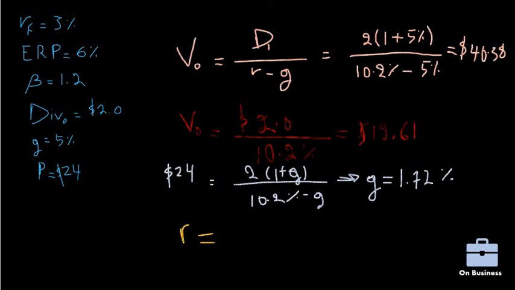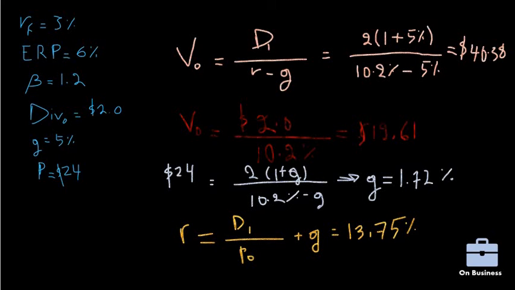Okay, so after getting the implied G, one last way to use this given and this model is arranging it to get a required rate of return, and this would be equal to D1 over P0, and we assume that P is equal to value, plus G, which gives us 13.75%.